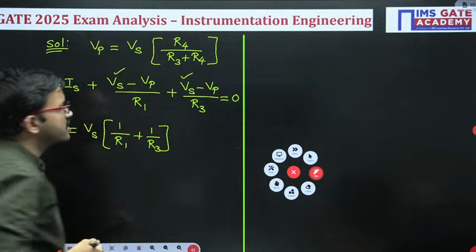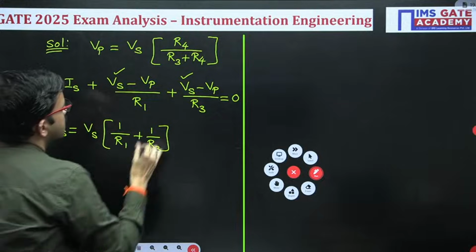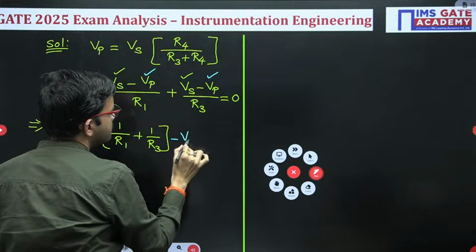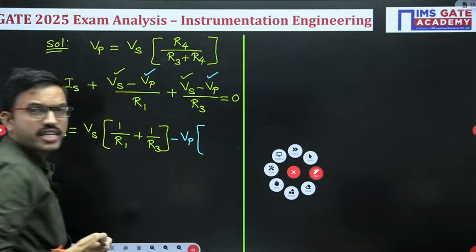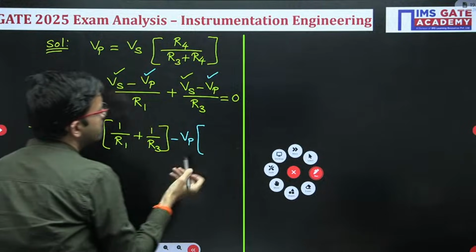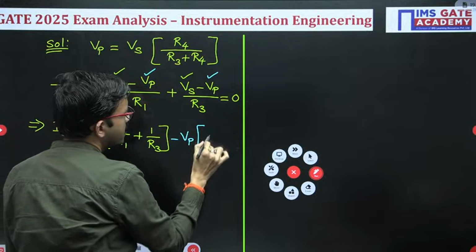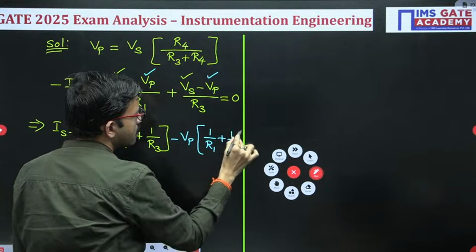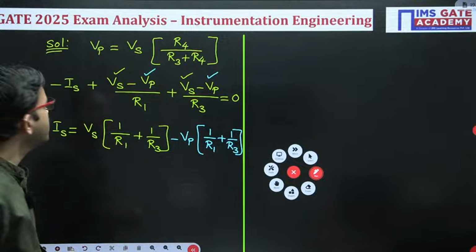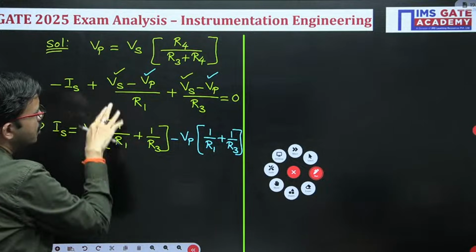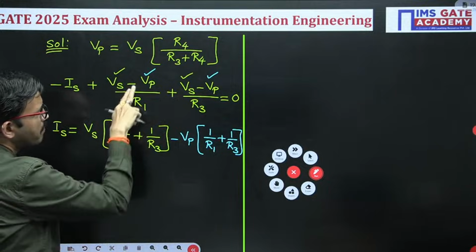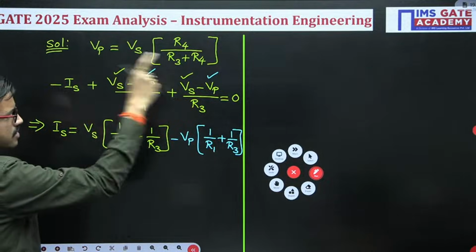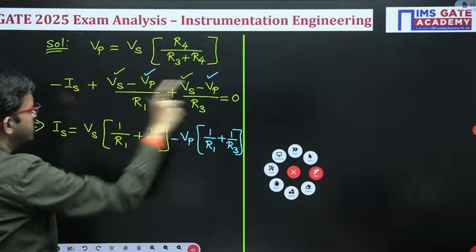Next, here you can take minus Vp as common, then you are getting 1 by R1 plus 1 by R3. Vs I took common, 1 by R1 plus 1 by R3, minus Vp I took common, 1 by R1 plus 1 by R3. So the Is term I brought to the right hand side, it will become positive.